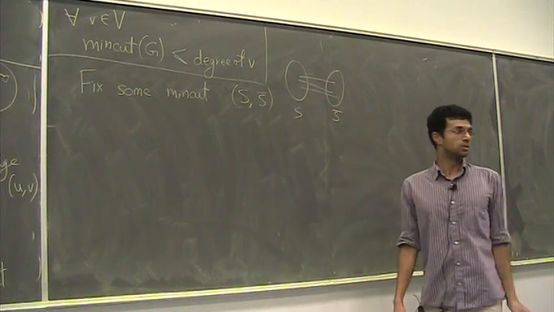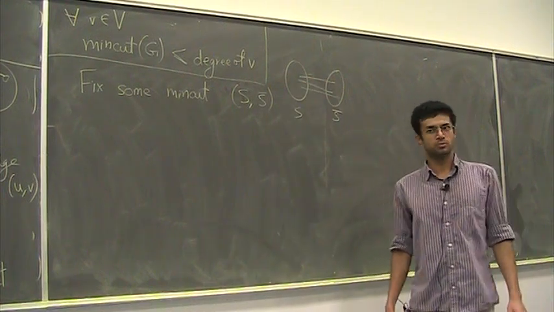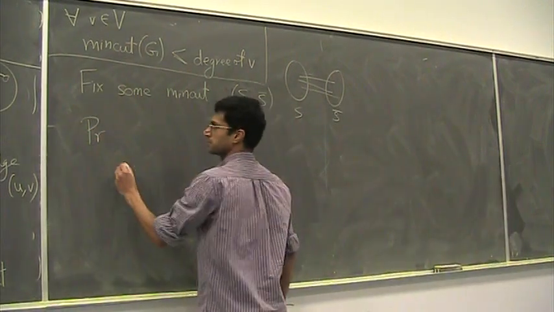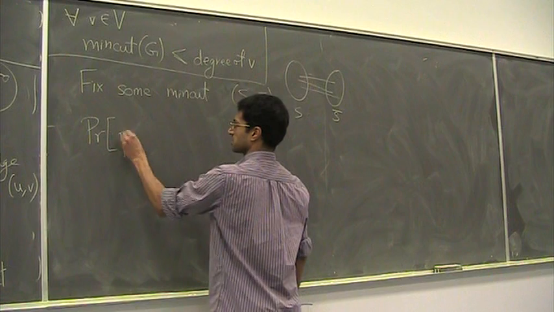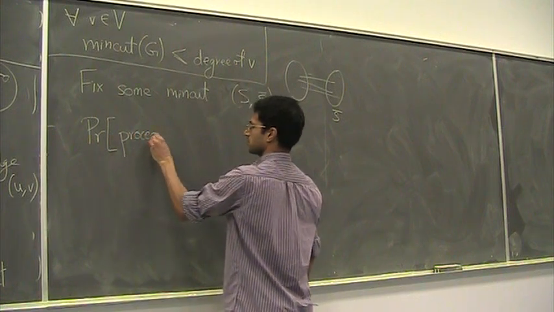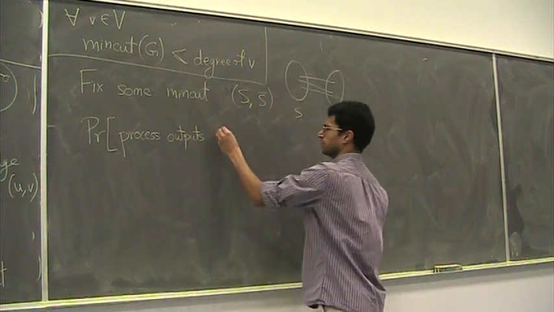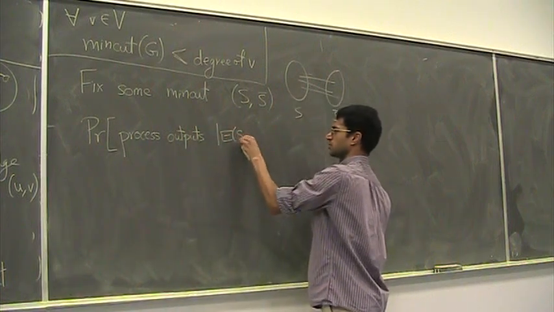And you've got the edges there. I want to ask, what is the probability that the process outputs this cut value?